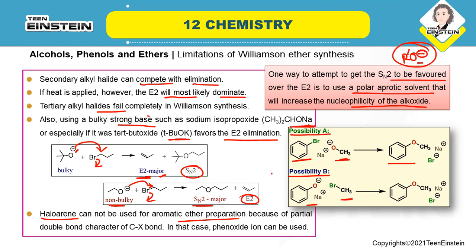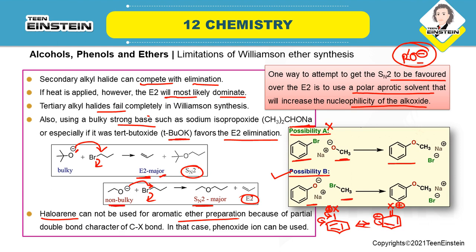Now this combination is correct, not this one. And why? Because now you have used haloarene. So the problem with haloarene is that here resonance is possible with the double bonds of the benzene ring. So now see, there is a double bond character between halogen and carbon. Halogen is positively charged, negative charge is here.